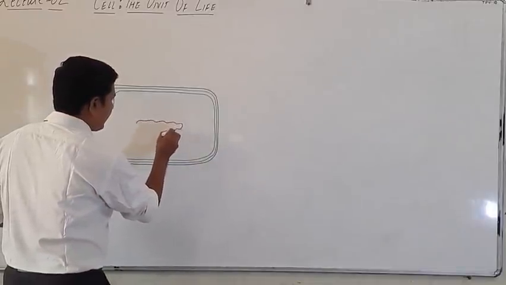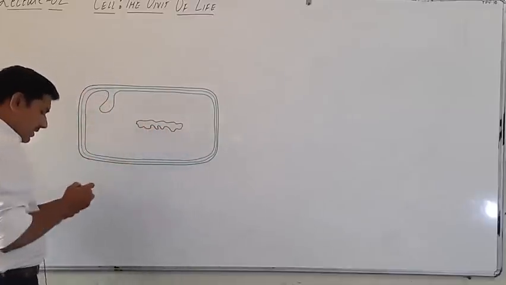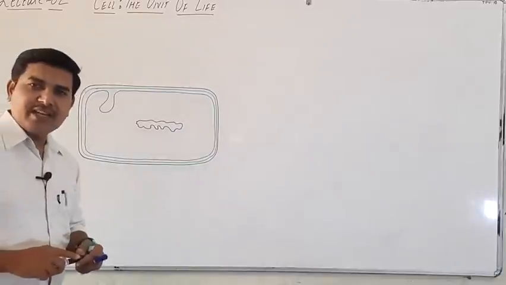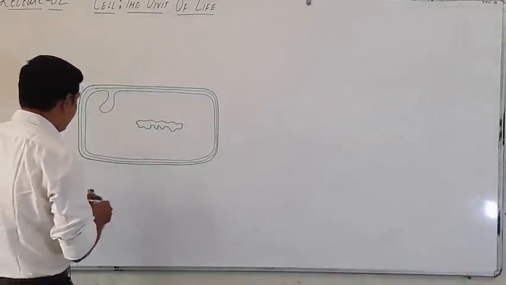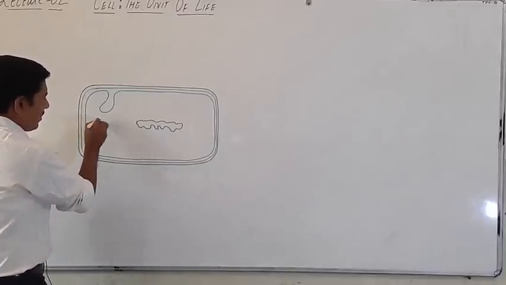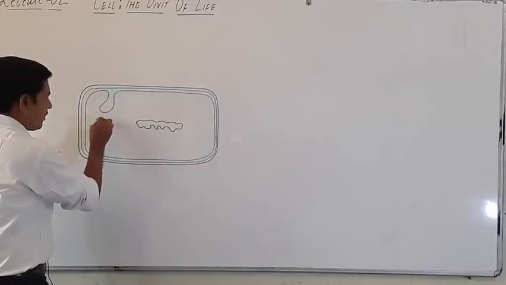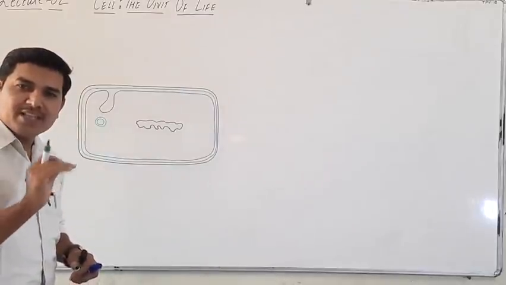Here it has its genetic material. So here we have the genetic material. That genetic material may be DNA. Then along with that, here we have one circular structure. That circular structure is called a plasmid.